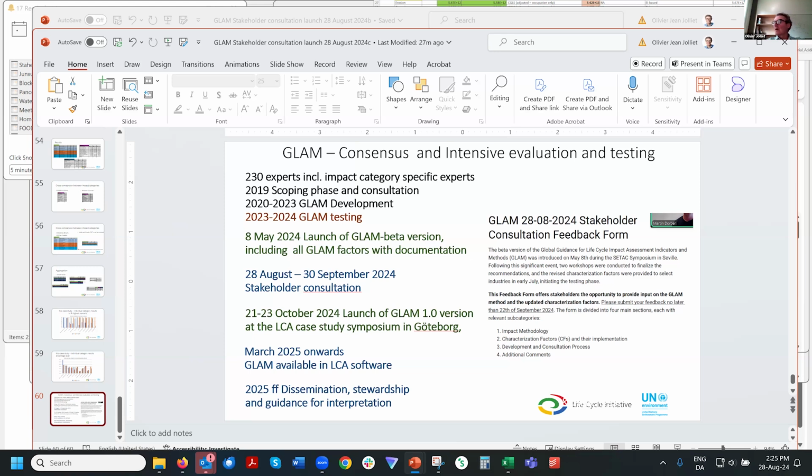I can say that on human toxicity, for example, we've been analyzing databases which are developed within USEPA, adding, in fact, the ECHA data, unless they were already included there. Many of the developments in ecosystem quality, as Tim was mentioning, have been done in interaction with the EF, and we were discussing just on Monday what could be taken for the PEF, for the EF, from what we have done.